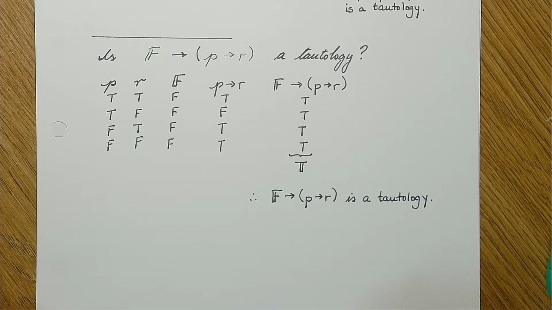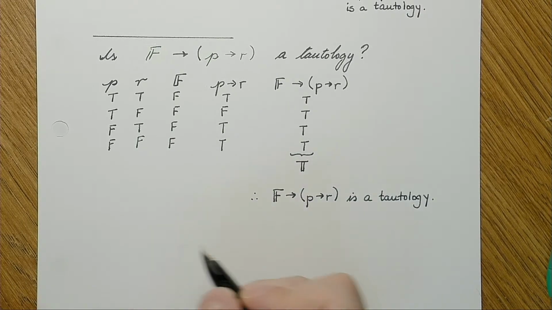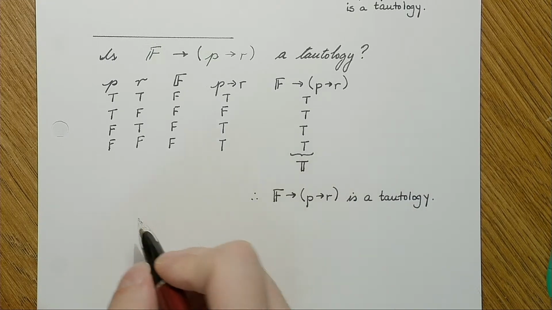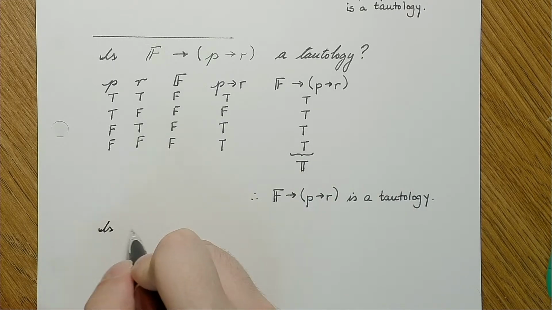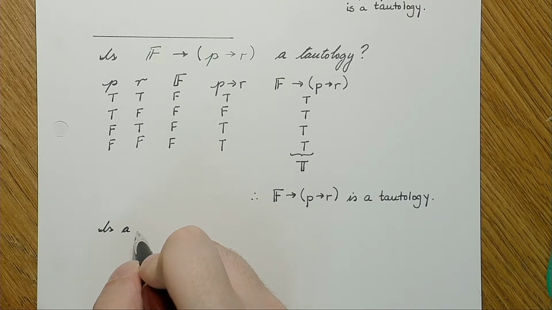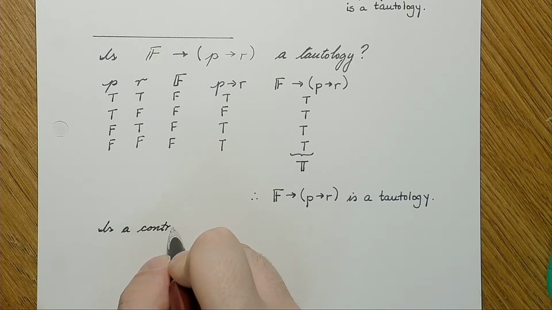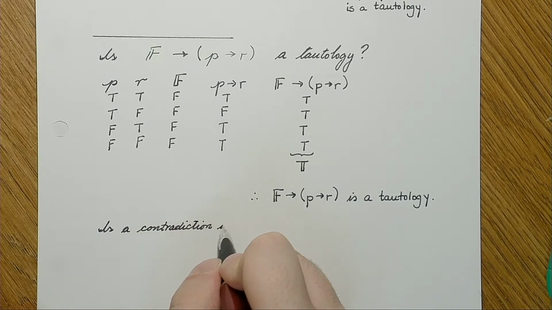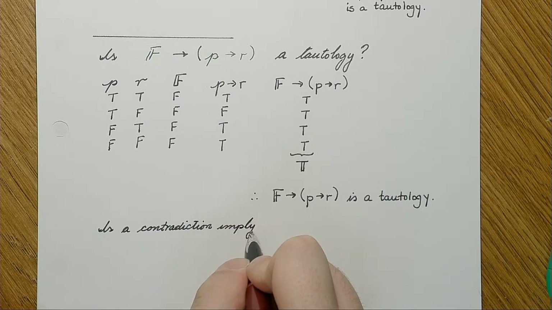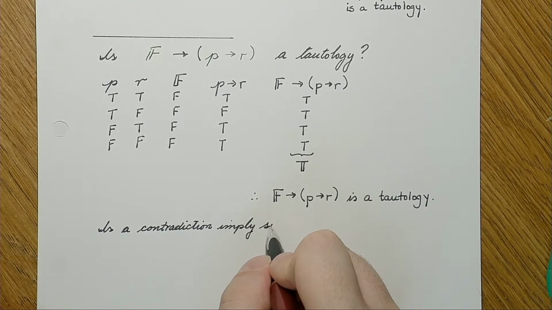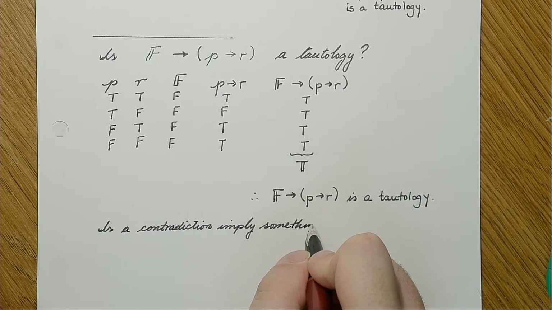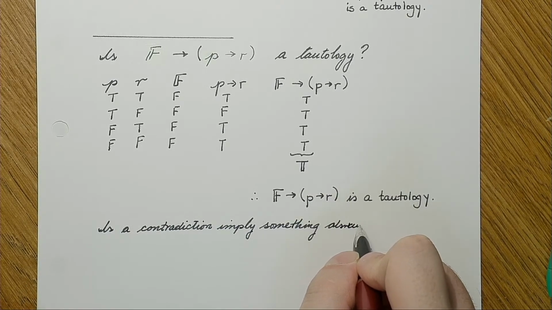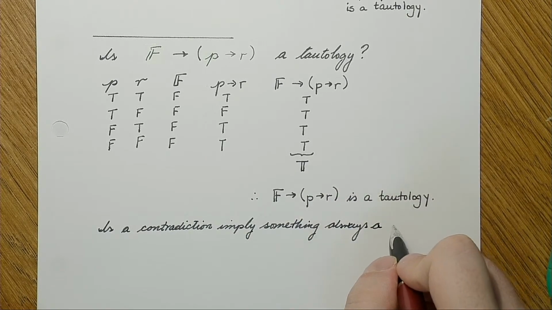Could I make this a little bit simpler? Does a contradiction implying something always give a tautology?